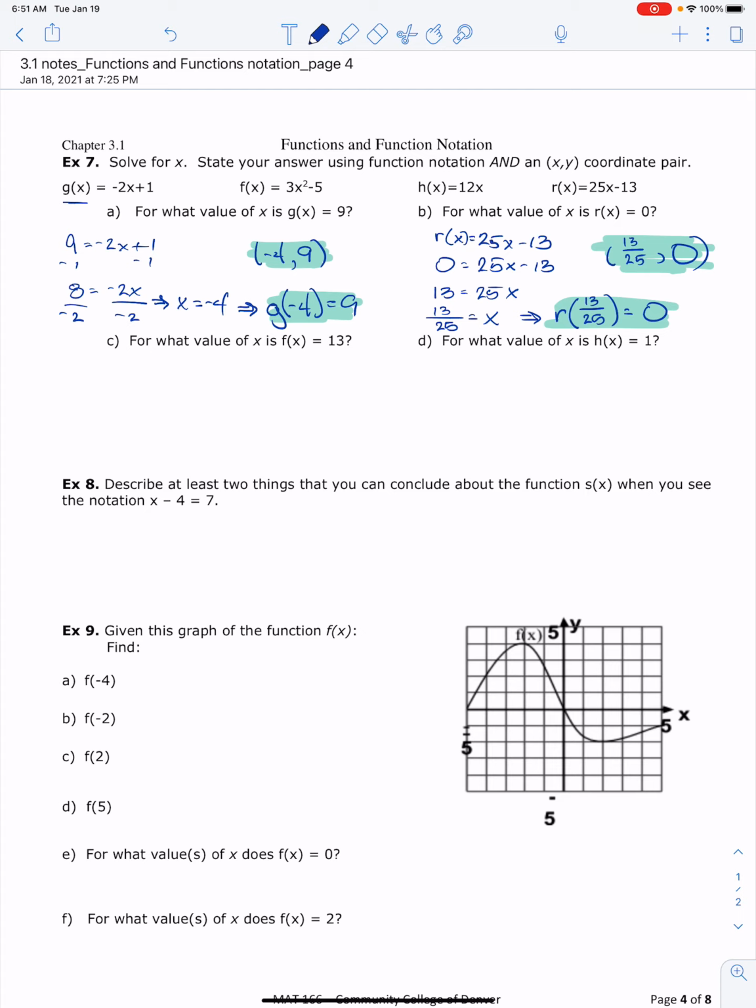So C asks for what value of x is f of x equal 13. So here's our f of x. 3x squared minus 5. I want this part, my f of x, to be 13. I'm going to add 5 to both sides and divide by 3.